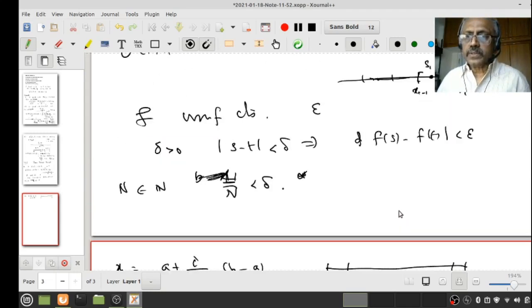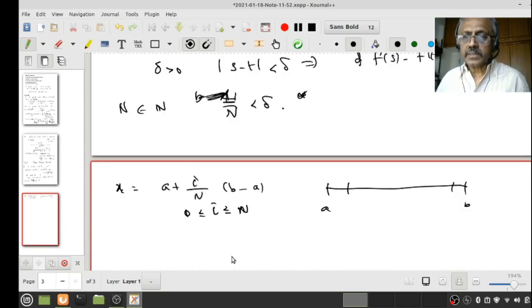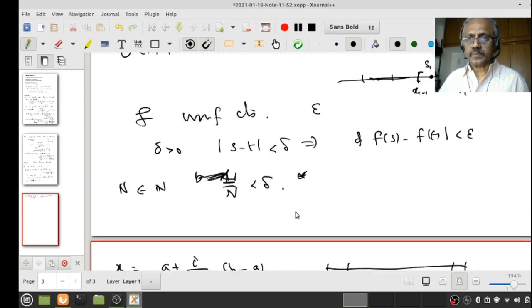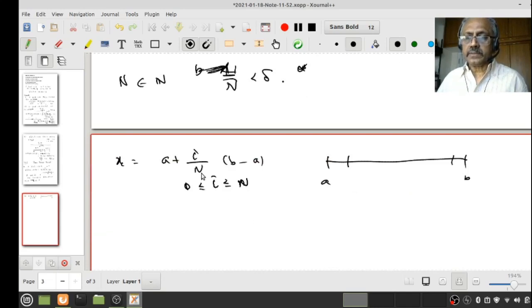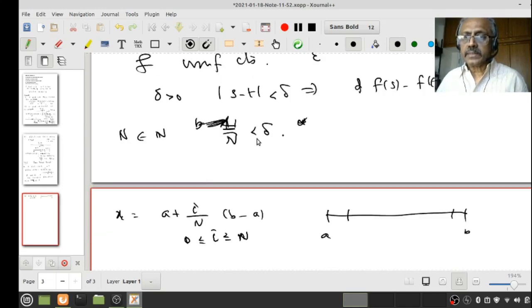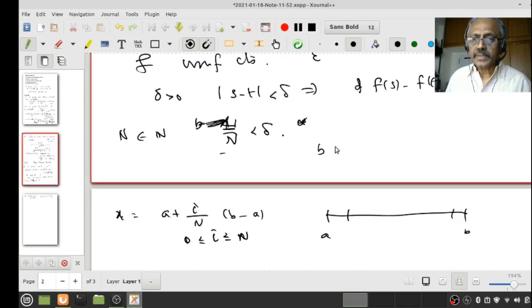Therefore the distance between xi and x(i-1) will be (b minus a) by n. You understand that? Therefore if it is (b minus a) by n, and I want it to be less than delta, what should I do? I should take b minus a by n less than delta. Are you following?